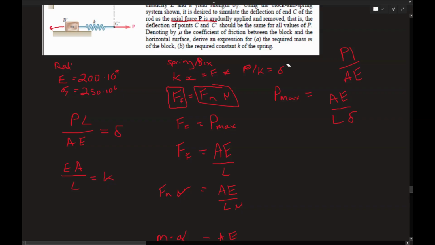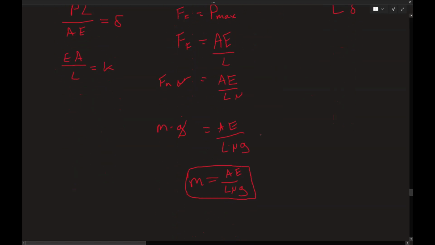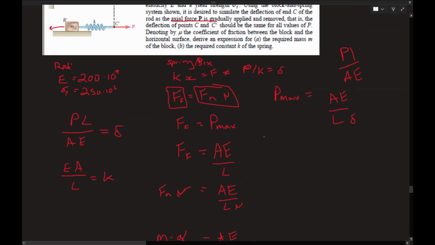This is wrong. This is illegal, right? I'm not going to do this. This is PL over AE, I can't say. I have to say that it's the displacement. Man, what? Oh yeah, no, this is dead wrong.